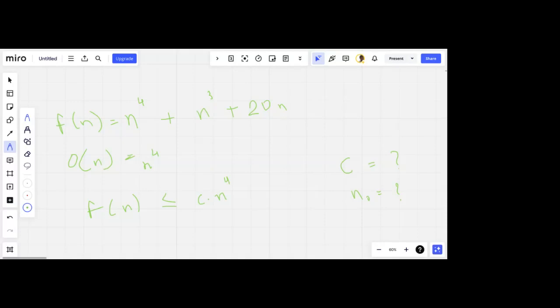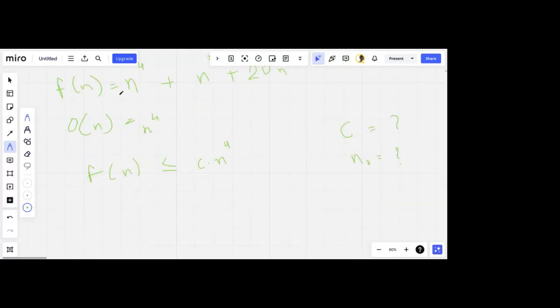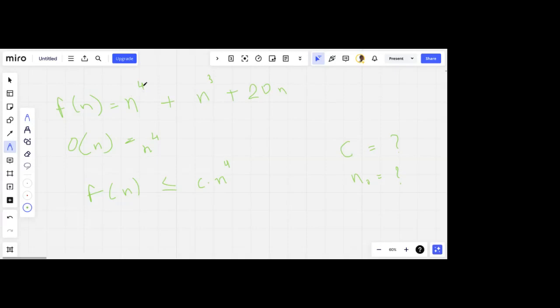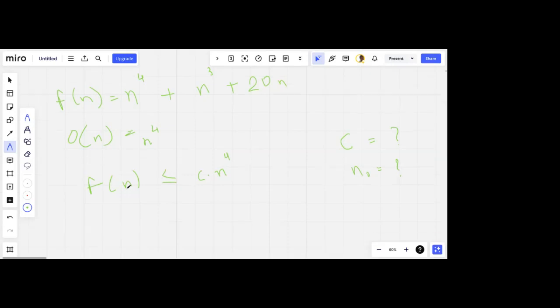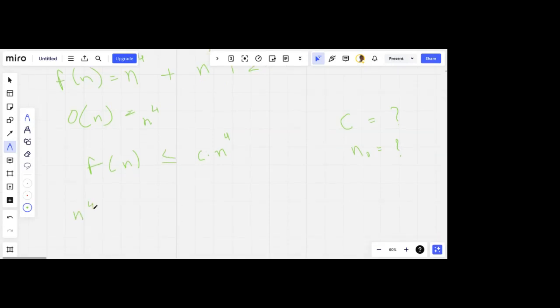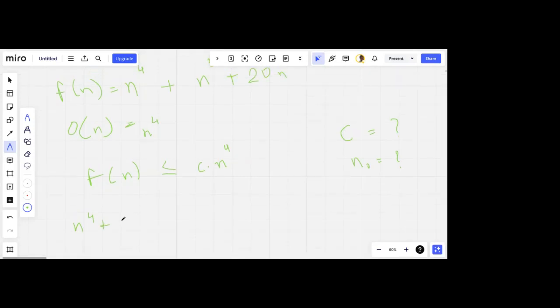See, basically you have to just say that f of n is this: n to the power 4 plus n square plus 20n, and it should be less than or equal to c into n to the power 4.